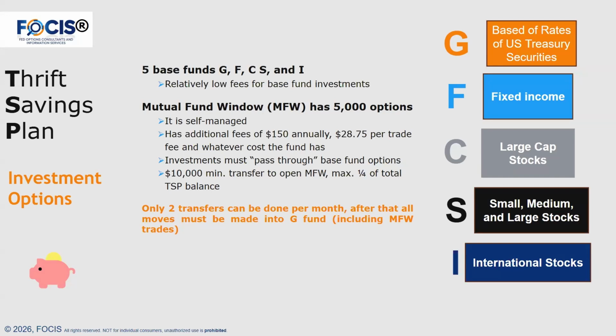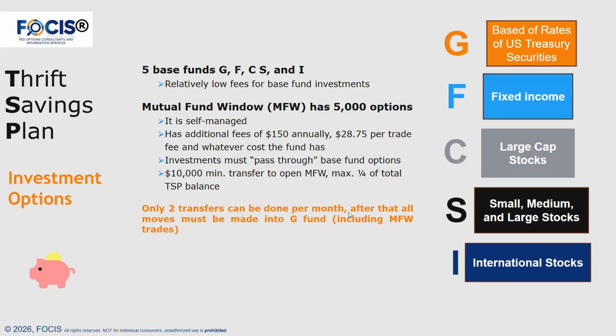But to get to the mutual fund window, which we know, by the way, the L funds are just a compilation of the five core funds, right? If you want more of an explanation about these five core funds too, please check out that video where we go over what the funds are within the TSP that are available for employees to invest in.